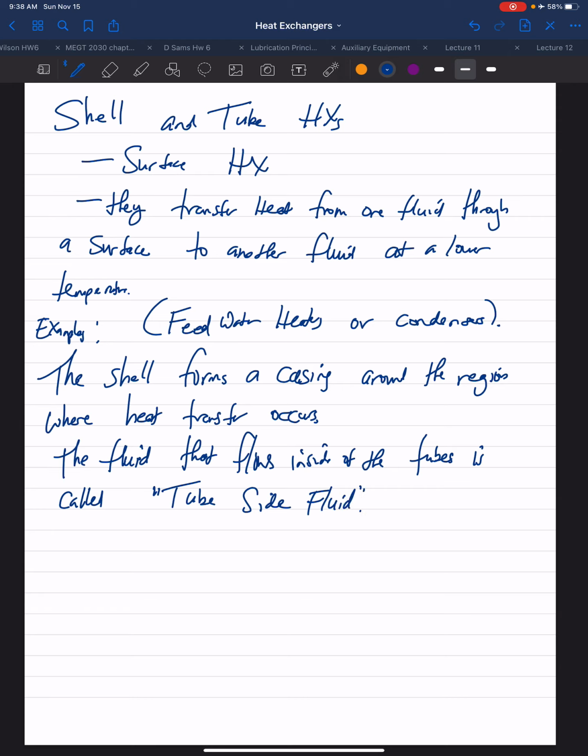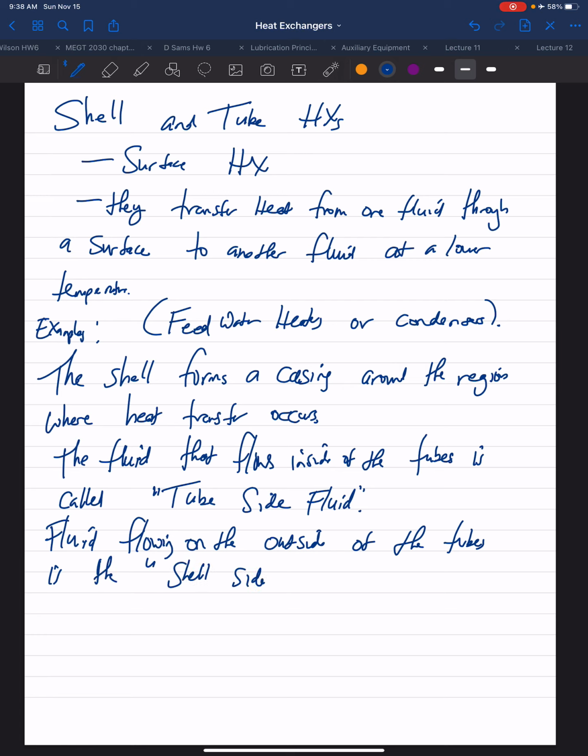And the fluid flowing on the outside of the tubes is the shell side fluid.